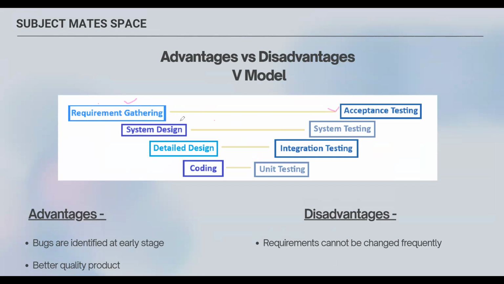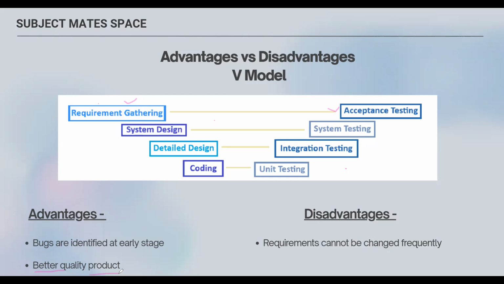If there is a design failure, system testing can catch it quickly, integration testing will check the design, and with unit testing you will find whether there are any issues. If there are, you can point them out very early and give feedback to the respective teams, and you will build a better product.